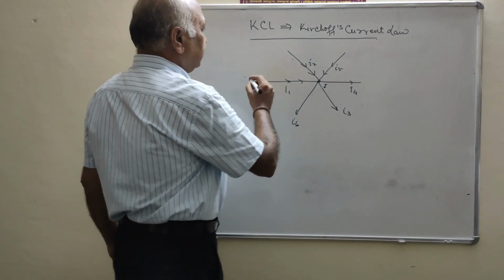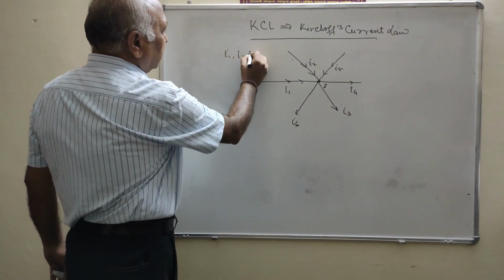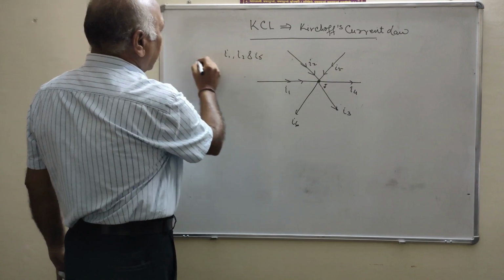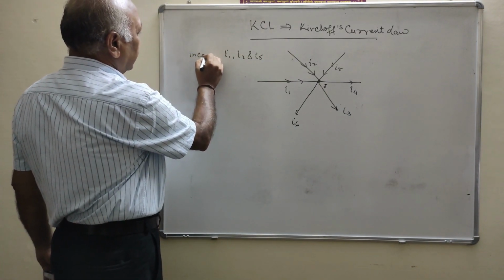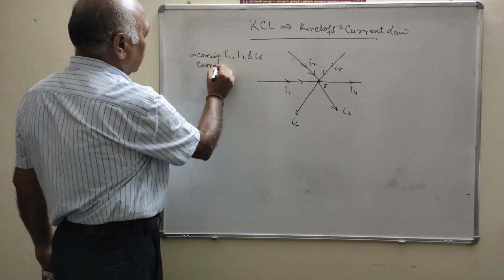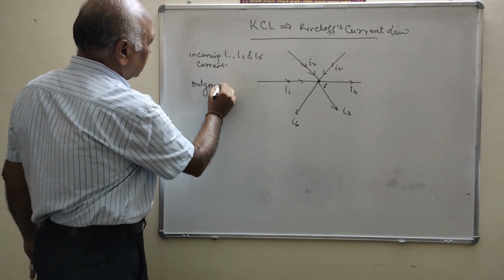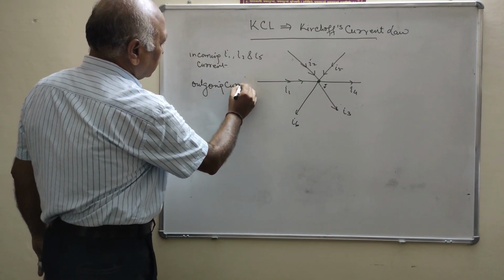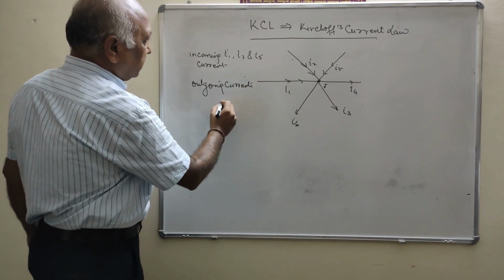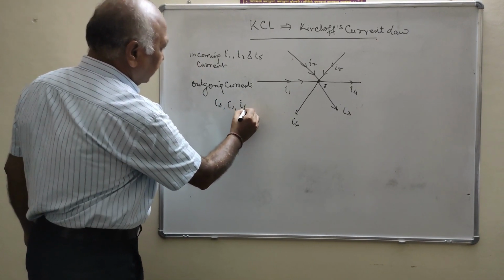Clear? That means what are the incoming currents? I1, I2 and I5 are the incoming currents. The outgoing currents are I4, I3, I6.